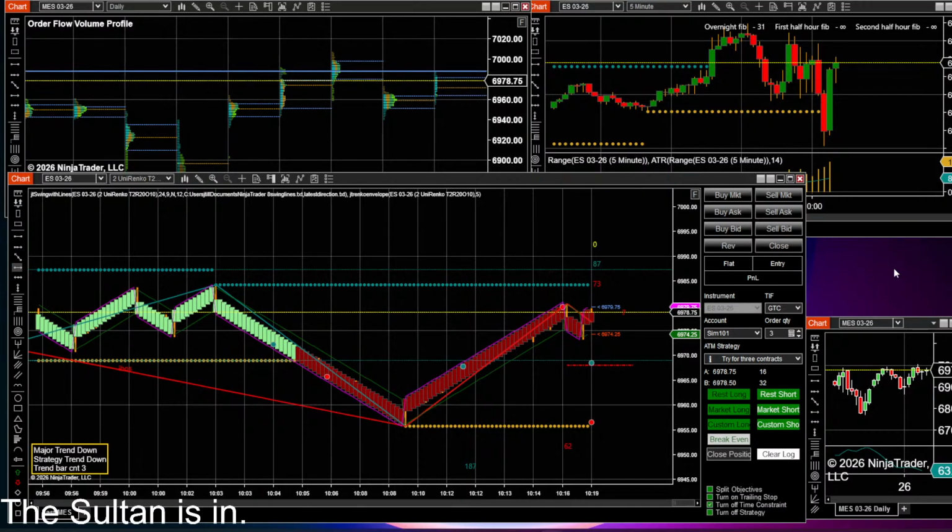So that didn't work out. So it becomes just a continuation, and looks like they want to go up and check out the 85 area.